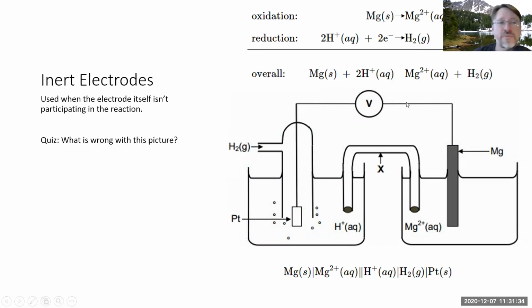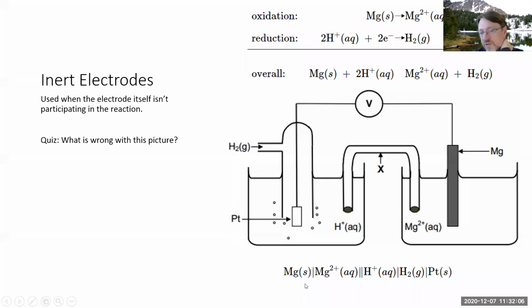Sometimes we have an electrode that does not participate in the reaction that's happening. So in this case, for example, we have hydrogen gas flowing in, and we have a platinum electrode. And what's happening is the hydrogen gas is giving off some electrons. We have the H+ ions being the result of this, except that's not what's written down here.